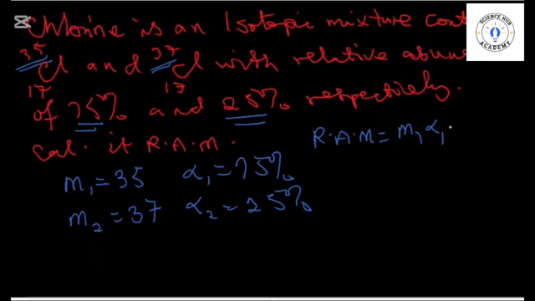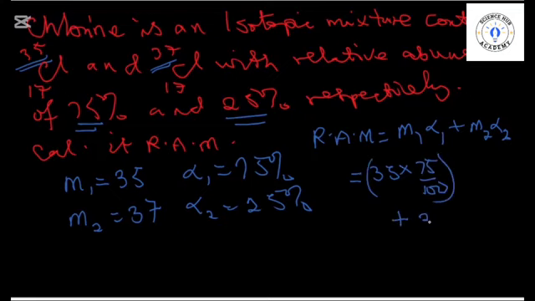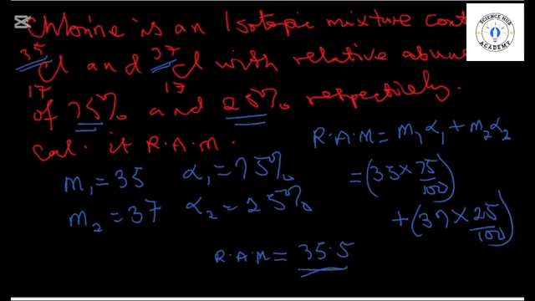So the relative atomic mass equals 35 multiplied by alpha 1, which is 75 over 100, plus M2, which is 37, times alpha 2, that's 25 over 100. When you do the calculation, we will have 35.5. So that's our relative atomic mass. Does that make sense?